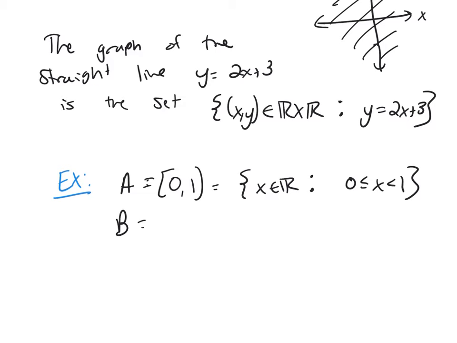Let's take for our second interval B the numbers between 2 and 3, not including 2, but including 3. So maybe I'll use a Y here, a different letter.